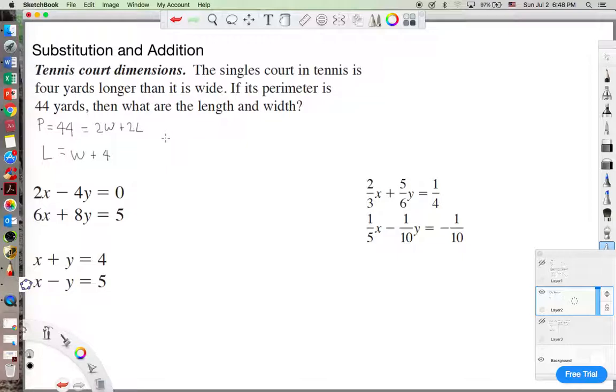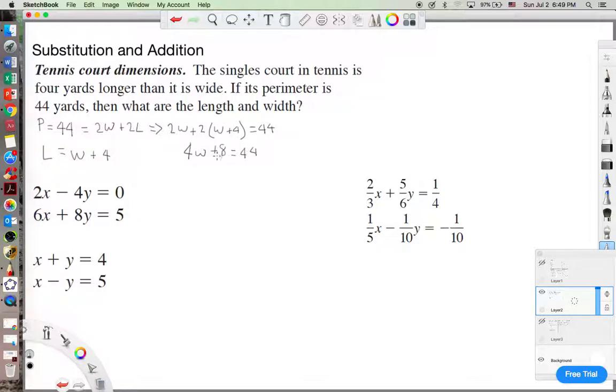If L equals W plus 4, then we can substitute directly into the perimeter equation. And so we've got 2W plus 2 times (W plus 4) equals 44. Combine terms: 2W, we're going to distribute this 2, we've got 2W again, we'll get 4W. And then we'll distribute that 2, 4W plus 8 is equal to 44.